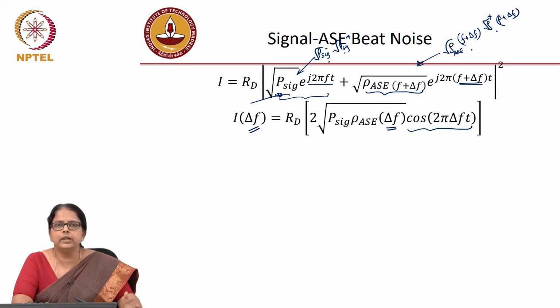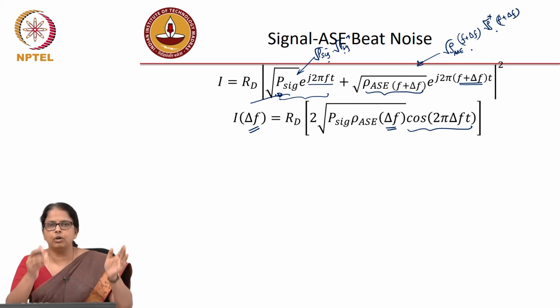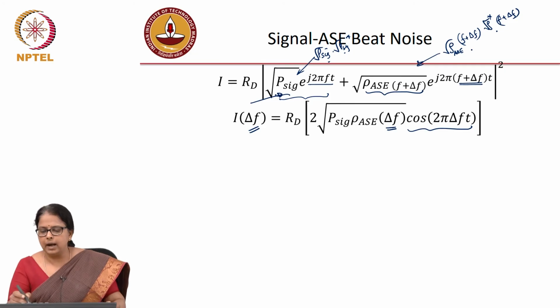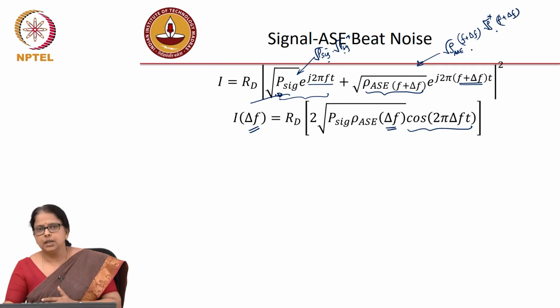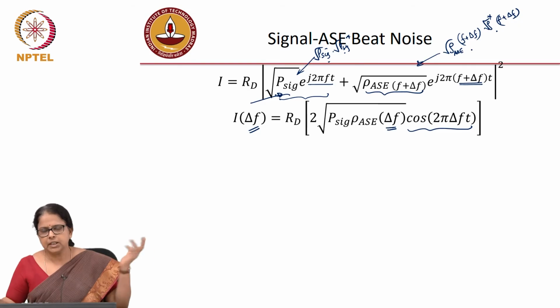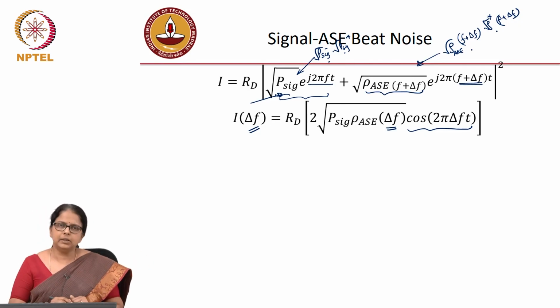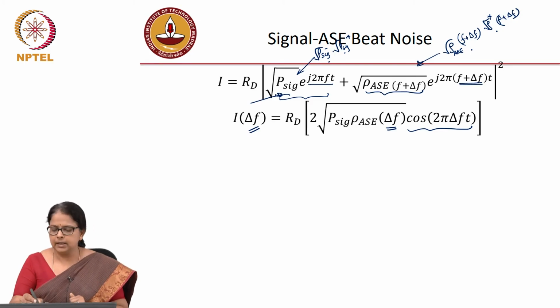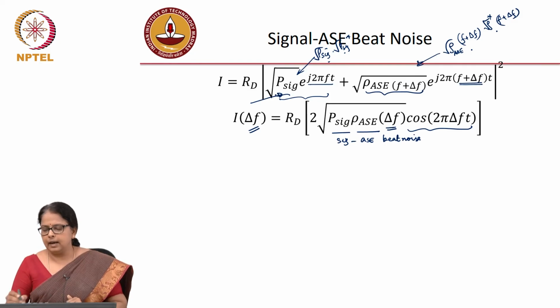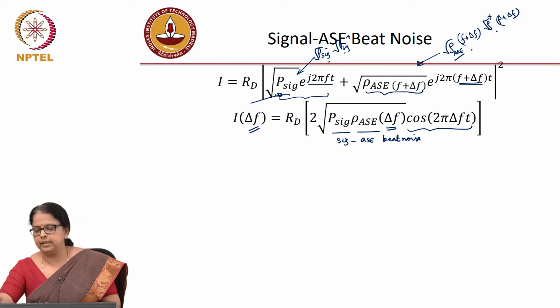So, what is wanted is only the mod square of the first term, but you have two additional terms at the output of the detector just because your EDFA added some noise. Okay. And these two additional terms are referred to as, this is referred to as Signal-ASE beat noise. And the other term which I did not write, root ASE conjugate of that, is called ASE-ASE beat noise.